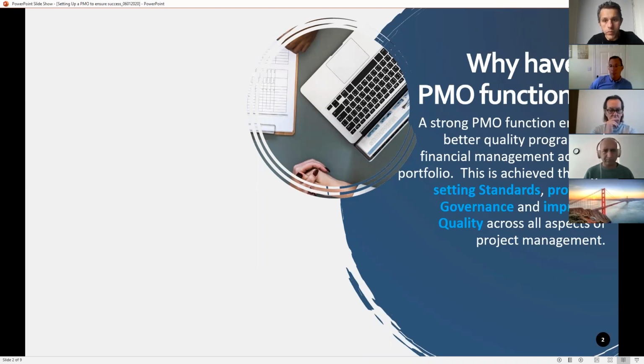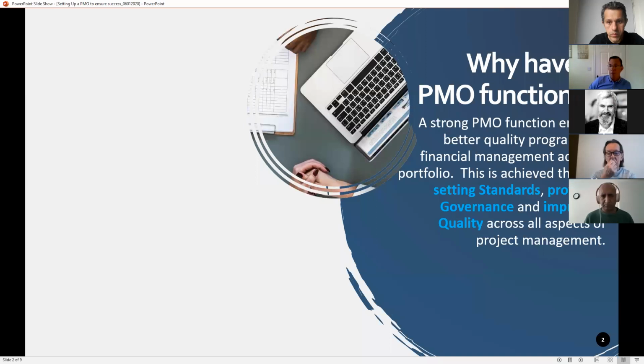Potentially, you'll be seeing a lot of budget overruns, over or underutilized resources because ineffective planning is being done and not enough time is given to thought around the planning. So all of those things you may be familiar with, you may have seen, you may be seeing right now in roles that you're doing, and a PMO function can help to address.